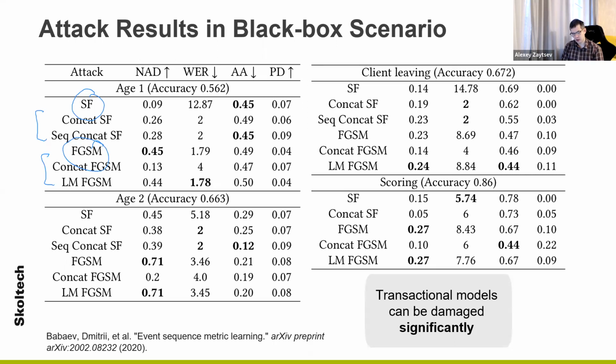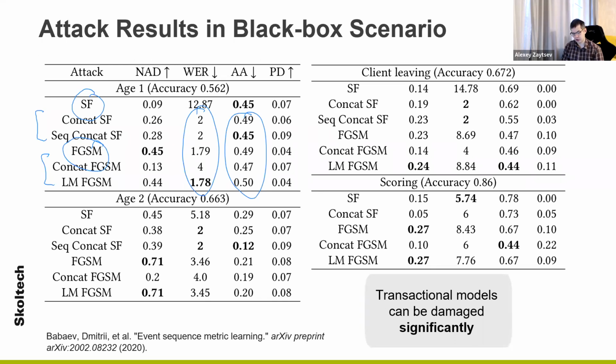And what we can see when we change two tokens here, so word error rate, the number of words we changed, deleted or edited, is that for transactions the accuracy is similar to the accuracy of a random classifier.